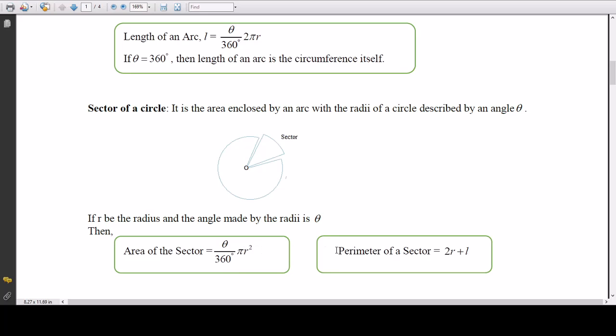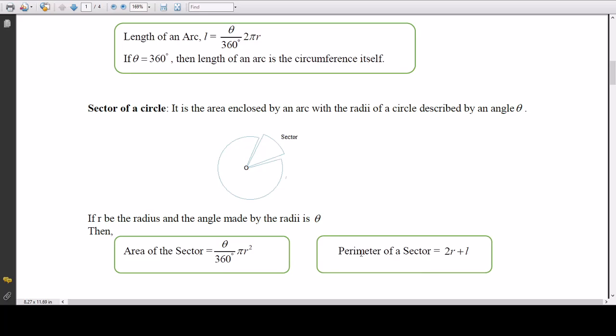And now the perimeter of a sector. The perimeter is the total length of the boundary of a sector.